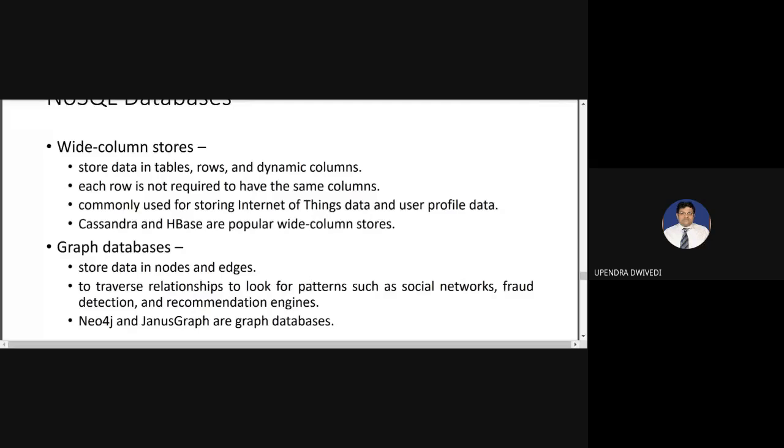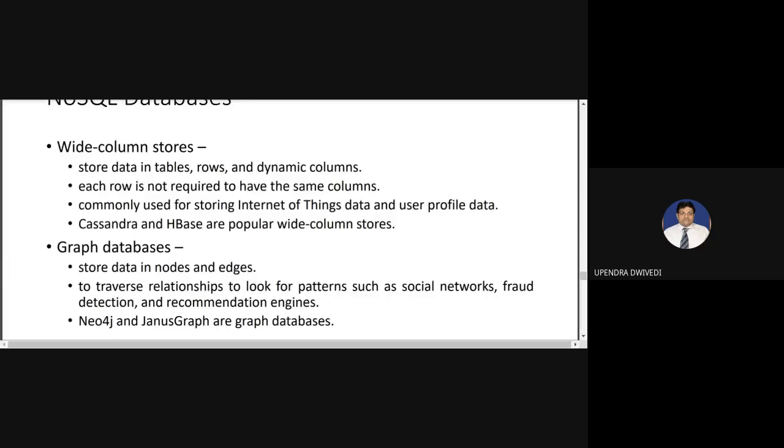Such data sets are related to social networks, cyber security, and some recommendation engines. So we use the idea of nodes and graphs to store the information, and graph databases are designed for such applications.